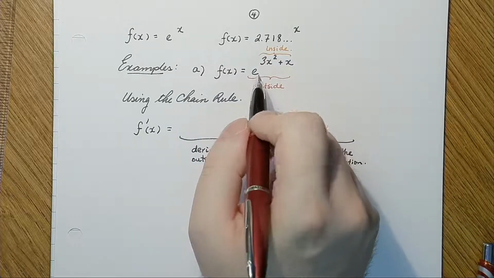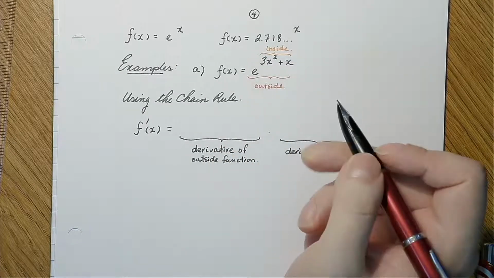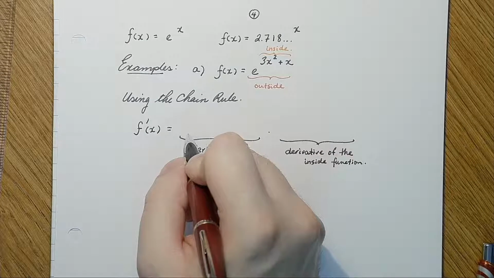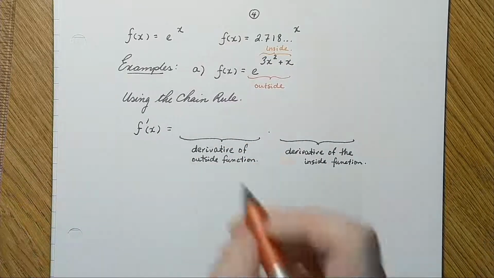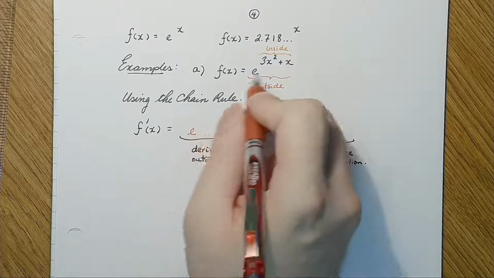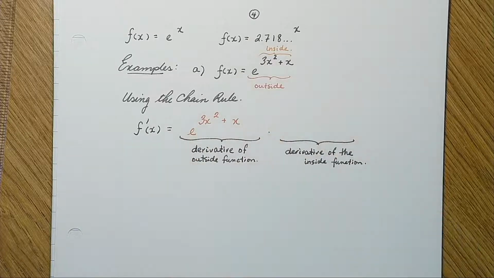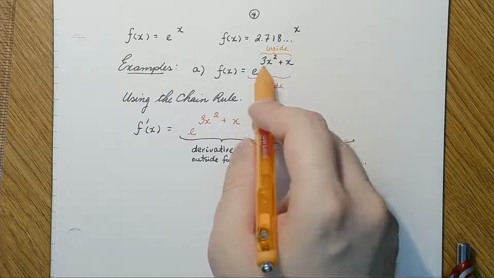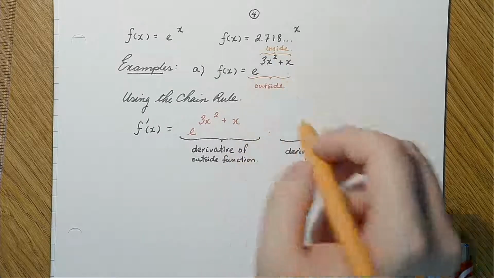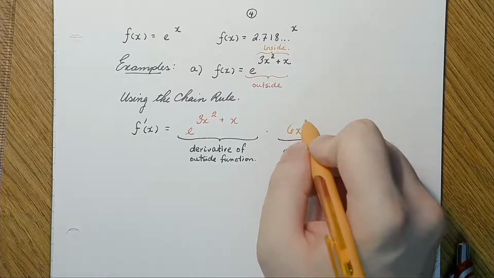So we know that the function e, the derivative of itself is still just e. So the derivative works out to e, and we leave the inside alone. And then we just have to take the derivative of the inside. In this case, it's what's in the exponent. So we have 3x squared plus x. So that gives me 6x plus 1.